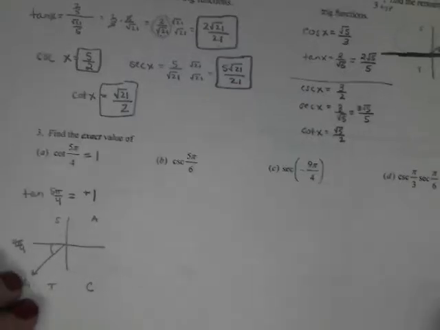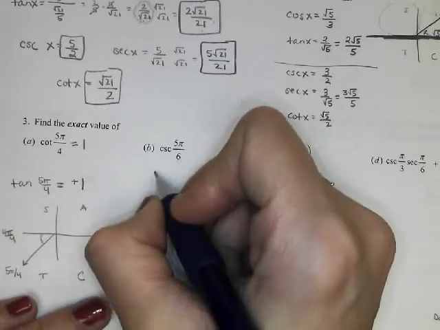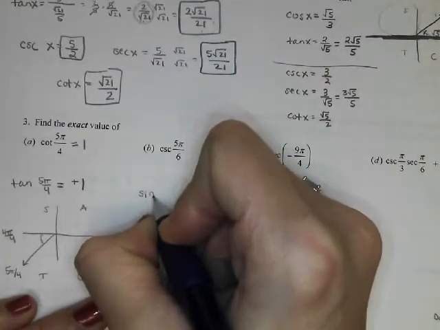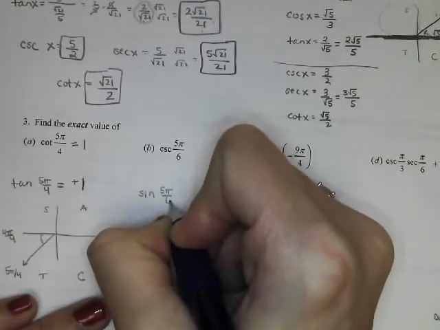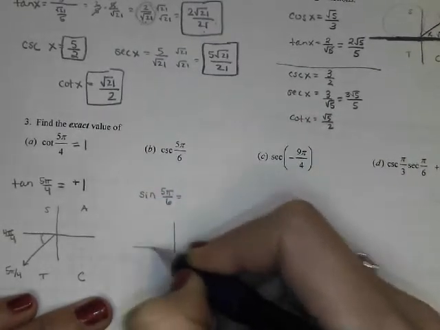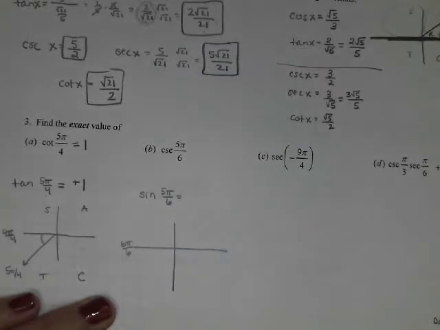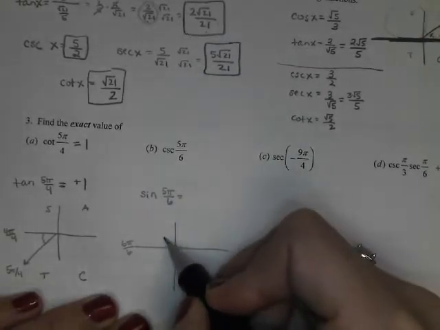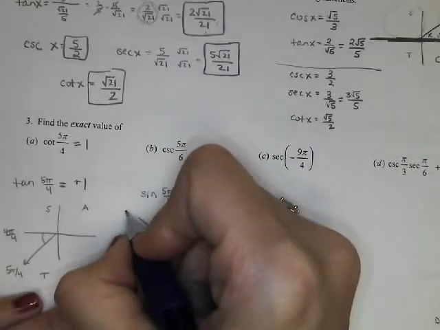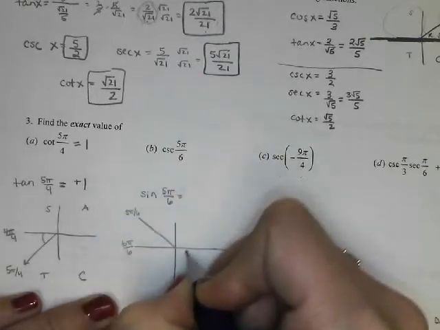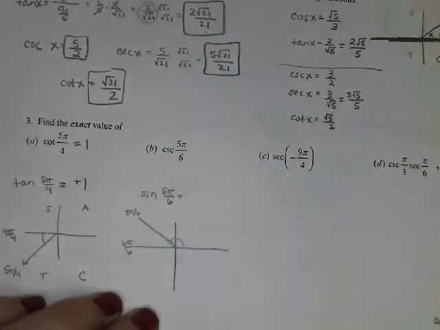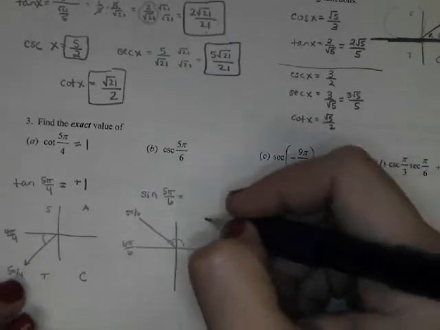For the cosecant of 5 pi over 6, the reciprocal function is the sine, so I'm going to find the sine of 5 pi over 6 first. Given that we're over 6, I'm going to label this 6 pi over 6, which is going to tell me my angle is right here in the second quadrant, 5 pi over 6, because as I come around the unit circle, I hit it there.